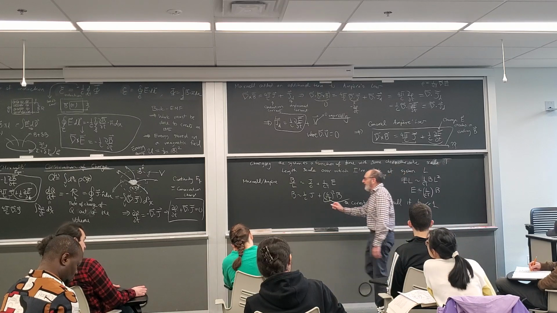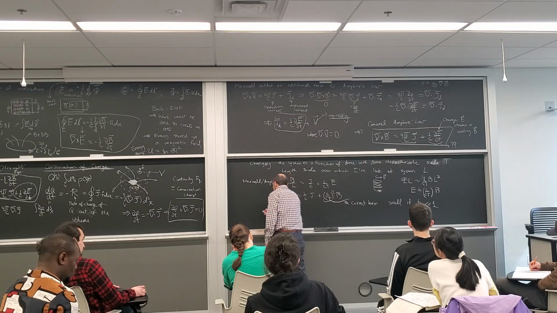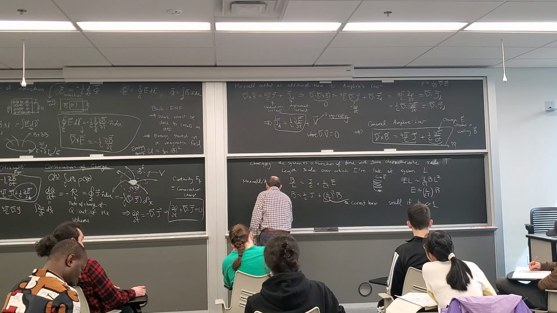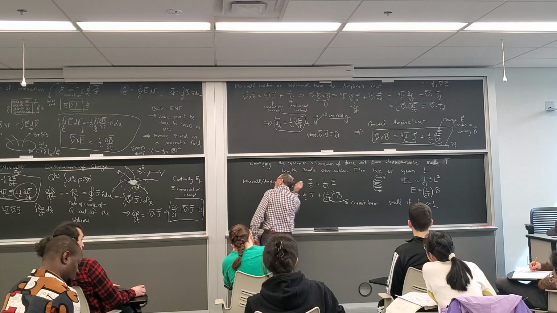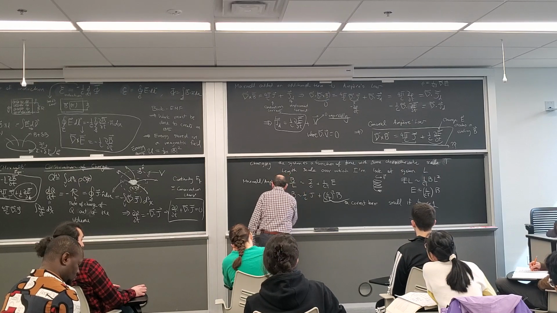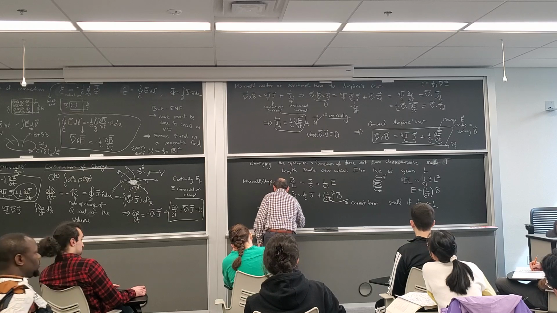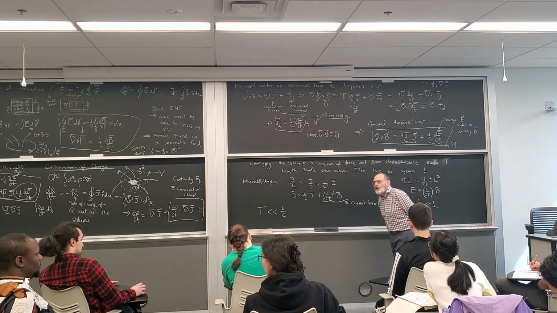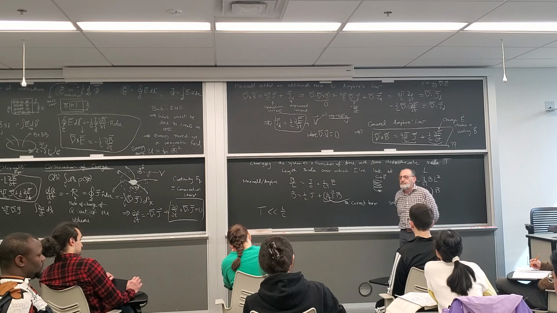I can equivalently think that this can be neglected if the time scale over which I'm ramping up this current is much, much less than L over C. What is L over C?